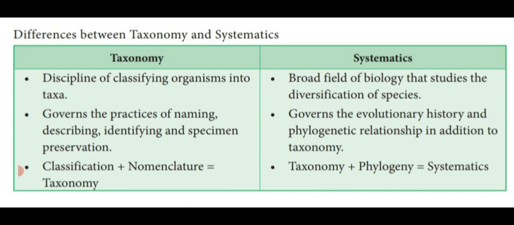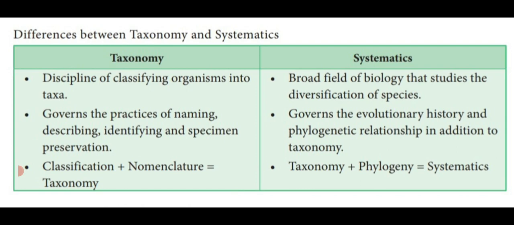First one, taxonomy is classifying the organism based upon the taxa or character. Here systematic means, what are all the differentiation present among the species? Then second point, taxonomy means naming of a plant, description of a plant, identification of a plant, and specimen preservation. But systematic shows the evolutionary history and phylogenetic relationship in addition to taxonomy.